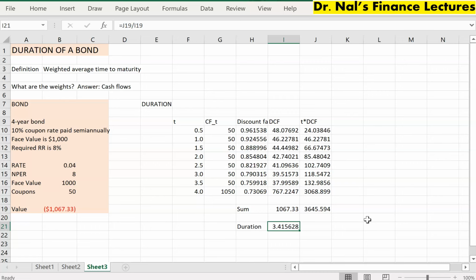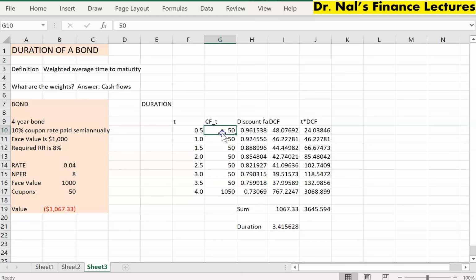Now, be aware that this is a 4-year bond, so the maturity is actually 4 years. But weighted average time to maturity gives you an idea about, on average, how long it will take you to recover your payments. You can't just say that in 4 years you're going to get the whole payment. The average is 3.4 years.